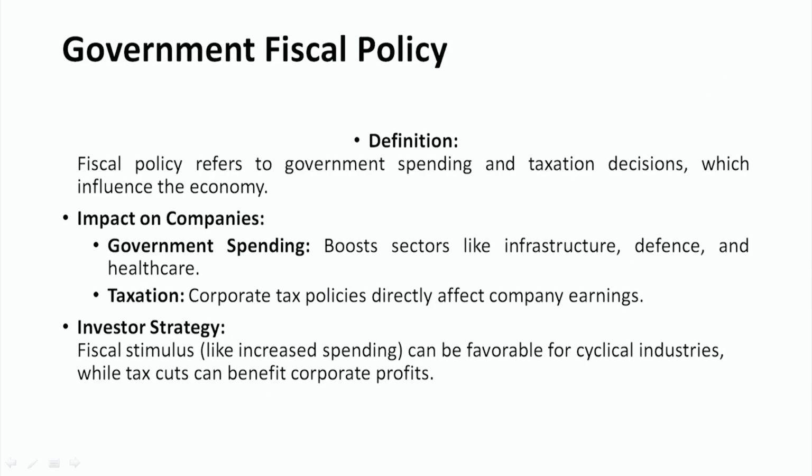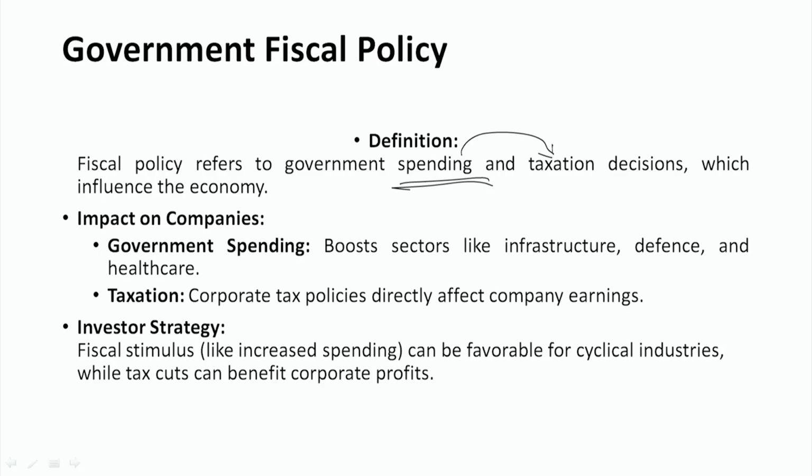The next factor which can have an influence is the government fiscal policy. Fiscal policy talks about the government spending. How is the government able to spend? What is the earning source for government? The earning source for government is from the taxes it collects from the public, right?